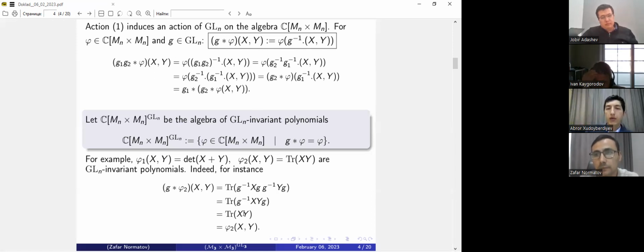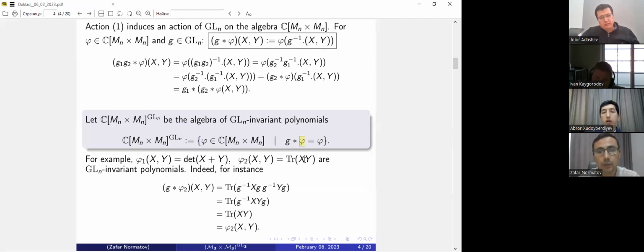It means that for the invariant polynomial, the orbit contains only one point, yeah? Only one point? The orbit of the invariant polynomial. What is the orbit of invariant polynomials? For example, phi can be the trace function.